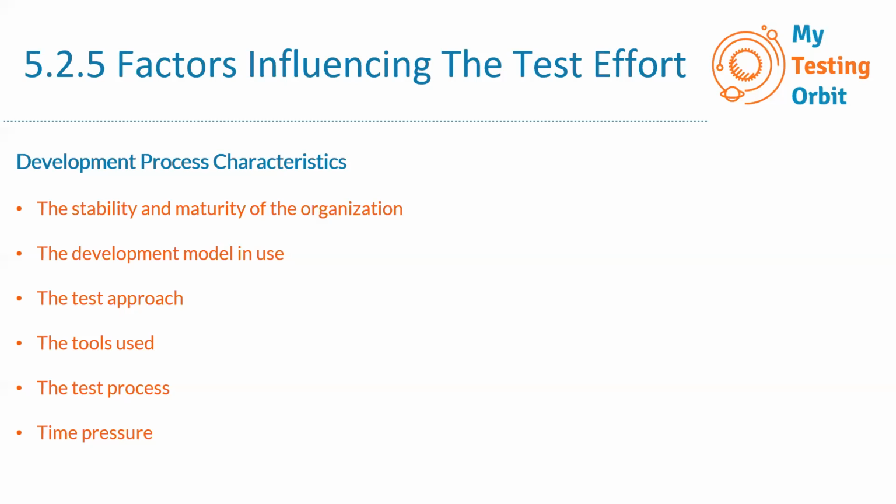Because sometimes if we have certain tools, it makes our job easier, and we can get maybe some automated results as well. So it depends on, of course, what kind of tools we have access to. Then the test process. What is the test process? Because every organization will have a separate test process as well.